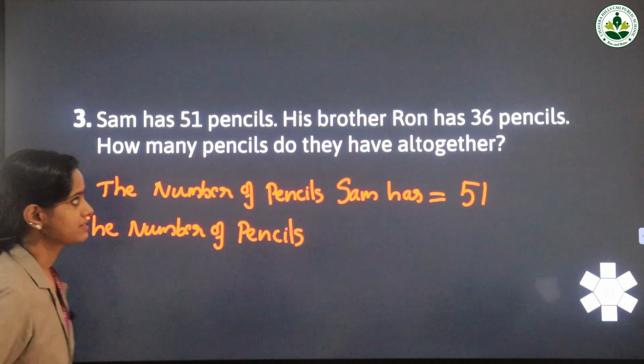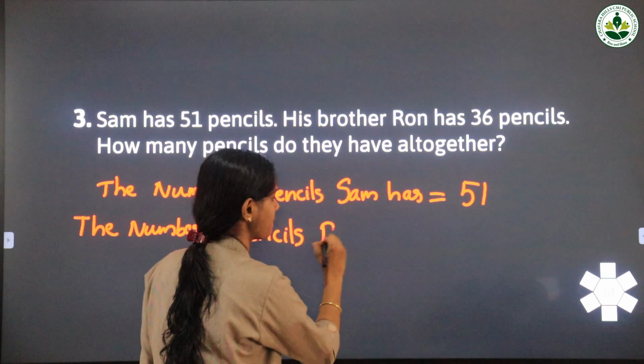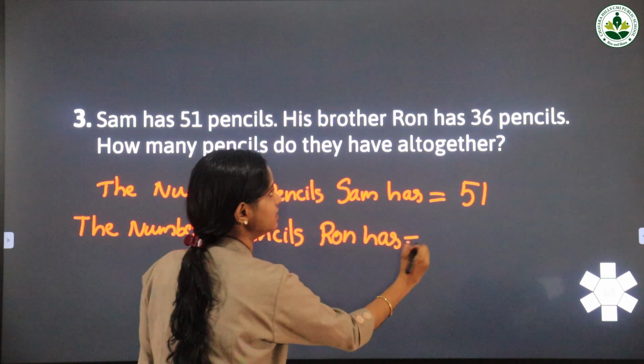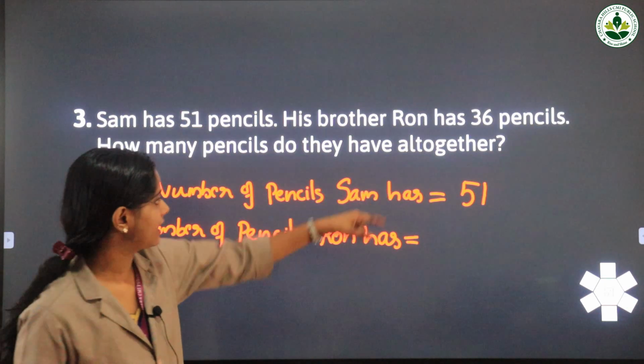The number of pencils Ron has is equal to 36.